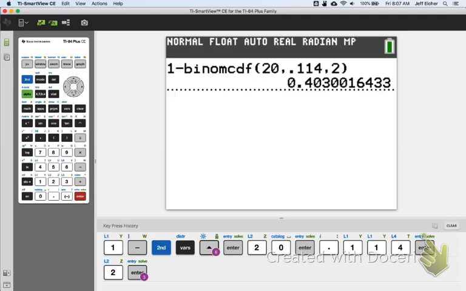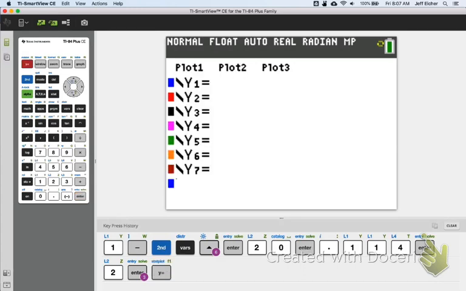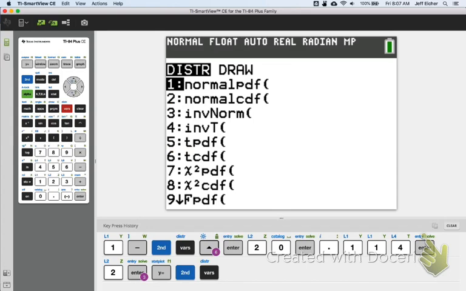I'll show you one more trick that might be helpful for you. If you want all the individual components, the way that I did this was I went to y equals, and I think it'll work this way actually. This might be even faster than what I was going to originally show you.